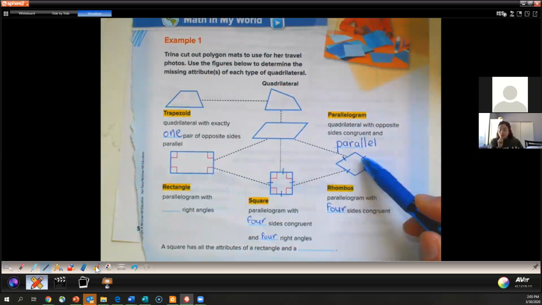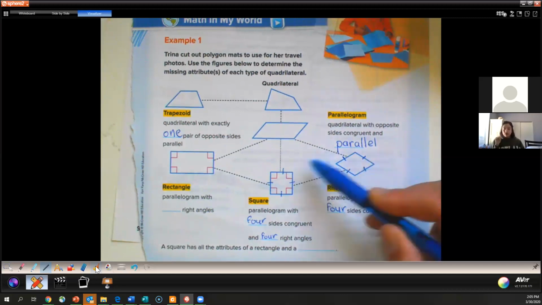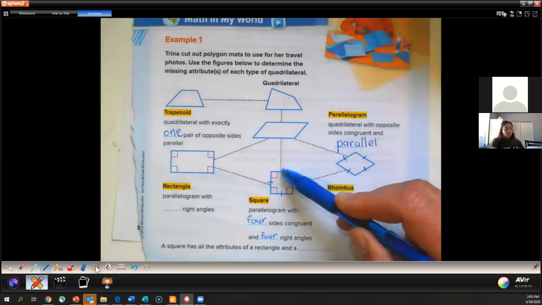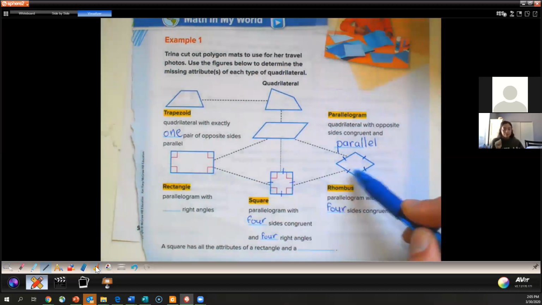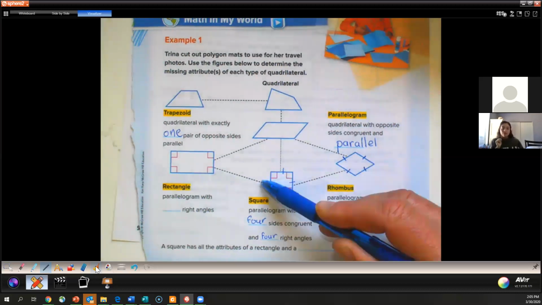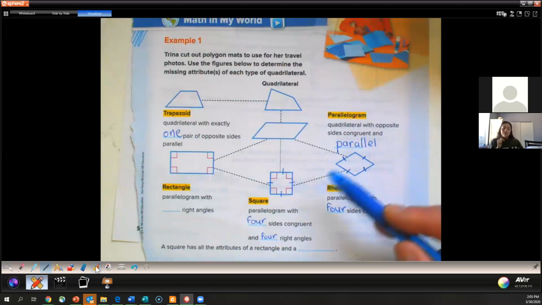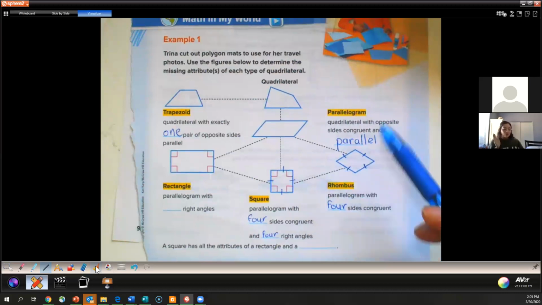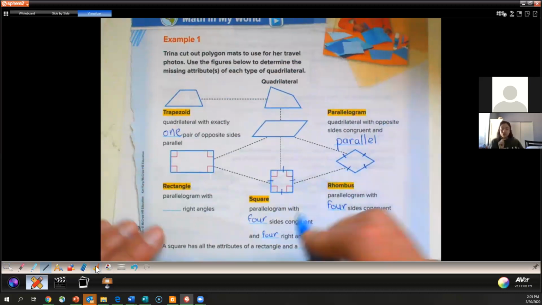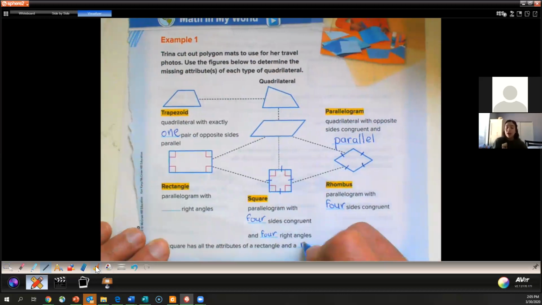Now, Mr. Yates showed that with each one of those tick marks on each side, but we also did that on our square. That's interesting. So the correct answer for this, boys and girls, is going to be a square has all the attributes of a rectangle and a rhombus. And make sure you guys are paying attention to your spelling right here.